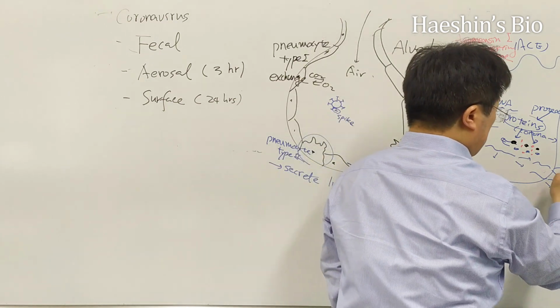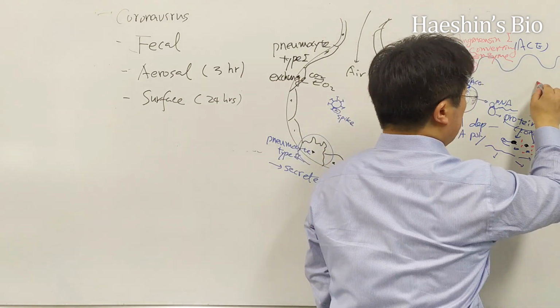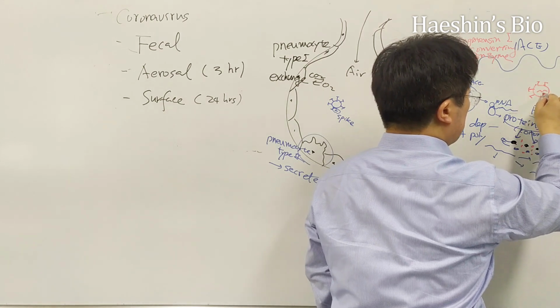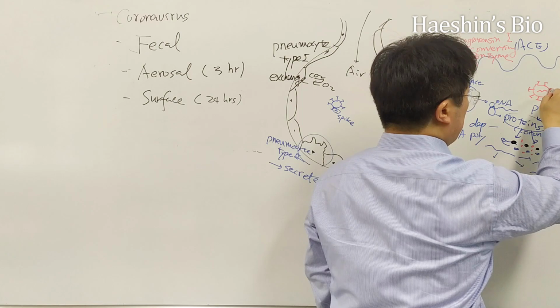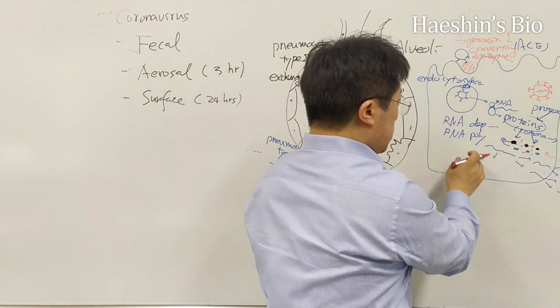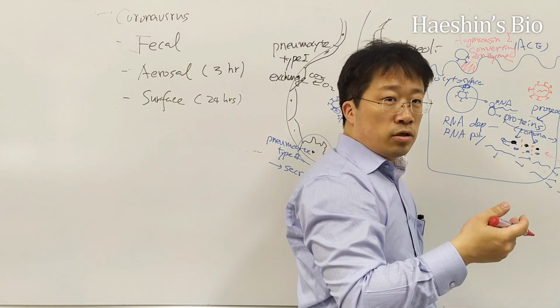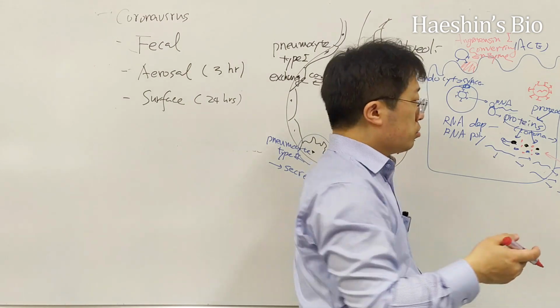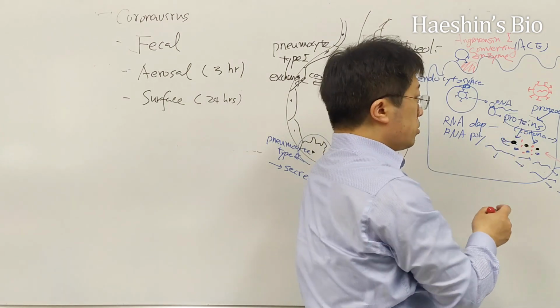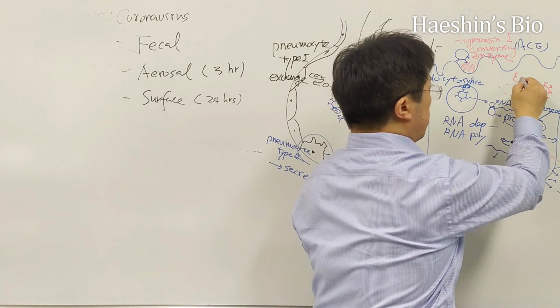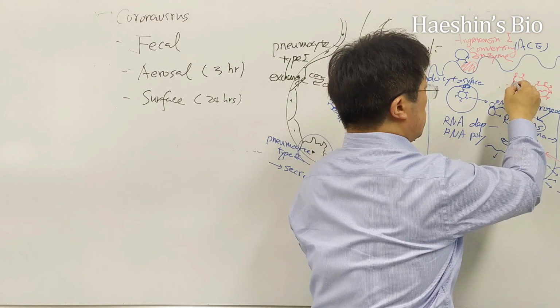So they are encapsulated together, and then they make another new coronavirus with the RNA inside. Since the RNA-dependent RNA polymerase produces a tremendous number of RNAs, and the protein the same, they can produce a lot of different coronaviruses inside the cell.